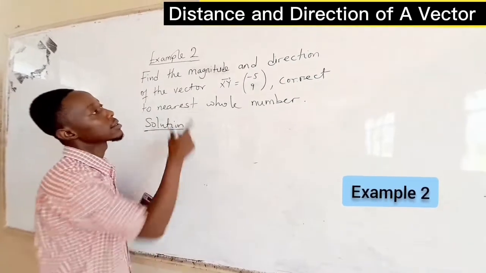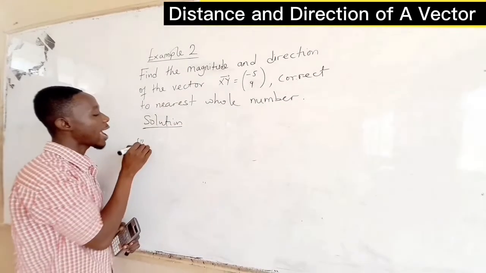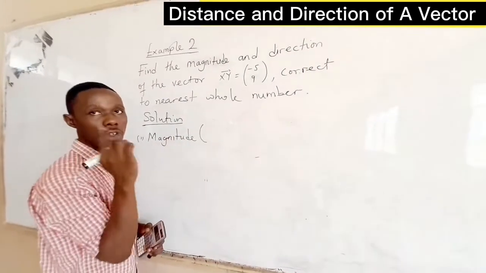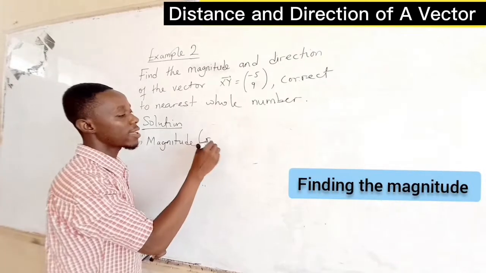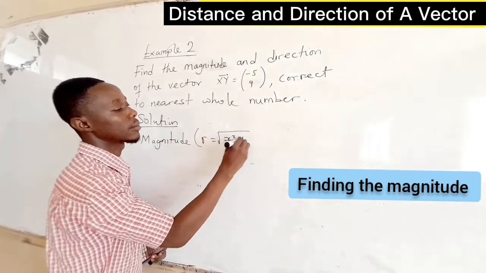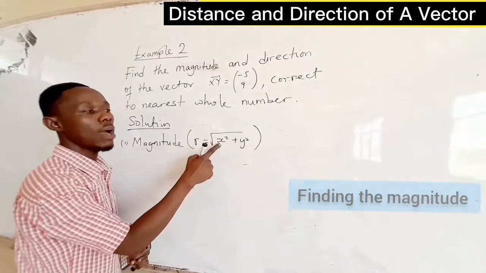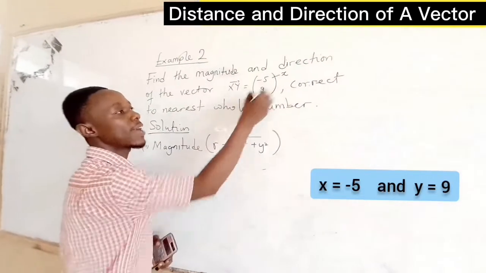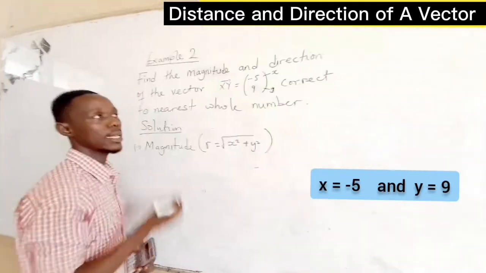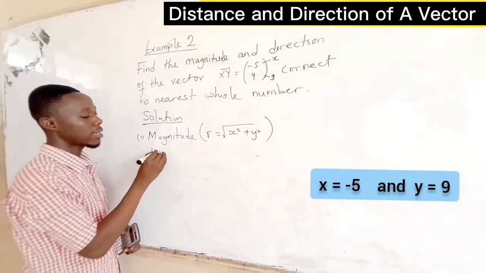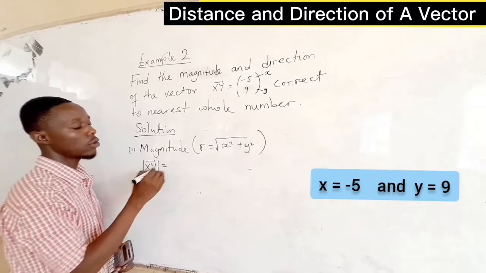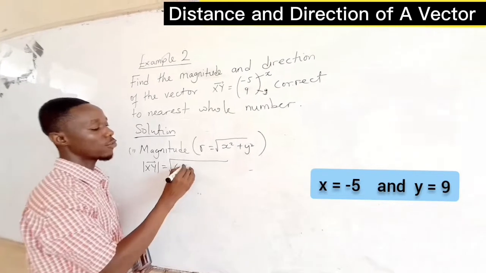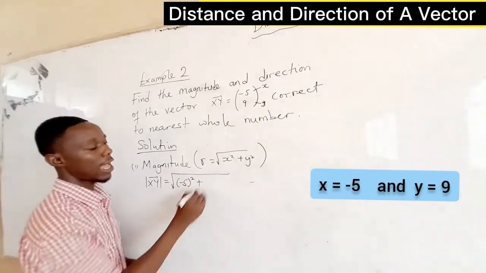Now, let's find the magnitude. Note, we are going to use Pythagoras theorem, where it states that. So we have to know our x and our y. So here, our x is -5 and our y is 9. Magnitude of xy equal to root of our x, -5 squared, then plus 9 squared.